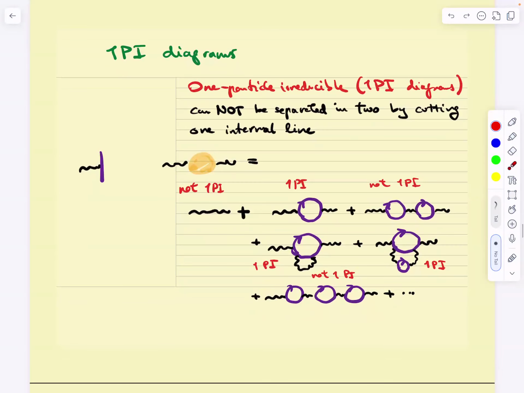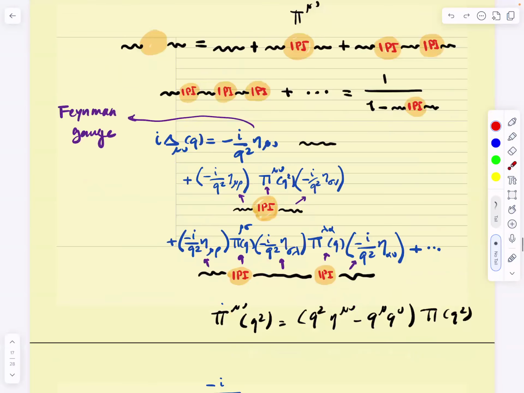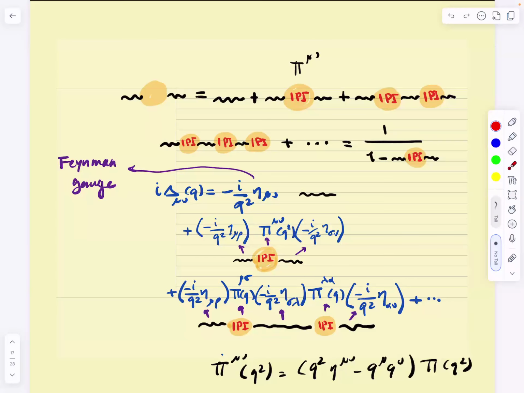So in general, you have a combination of all of these guys. Here's what happens. In full generality, for the propagator, you could write it this way: it's a free propagator plus one pi, plus one pi repeated twice, plus one pi repeated 3 times, plus one pi repeated 4 times, and this is a telescopic series.